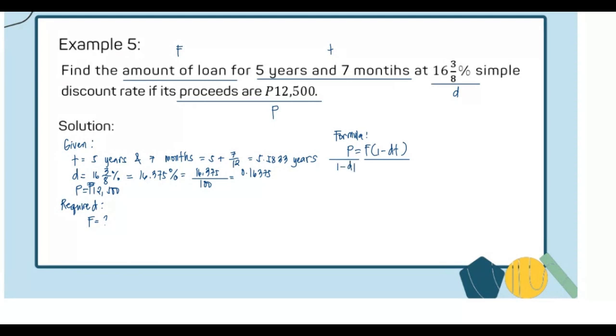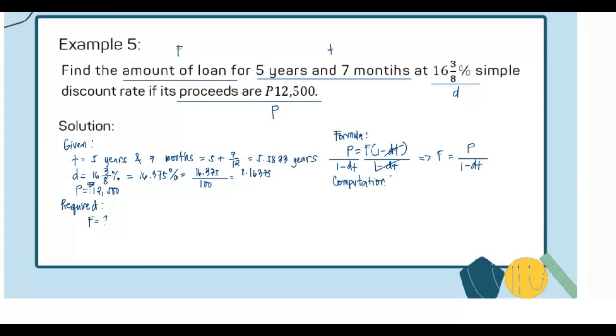If we do that, maka-cancel out itong entire binomial expression. Now, it would just give you yung ating formula that we could use, which is F is equal to P divided by 1 minus dt. And then we head on to the computation.